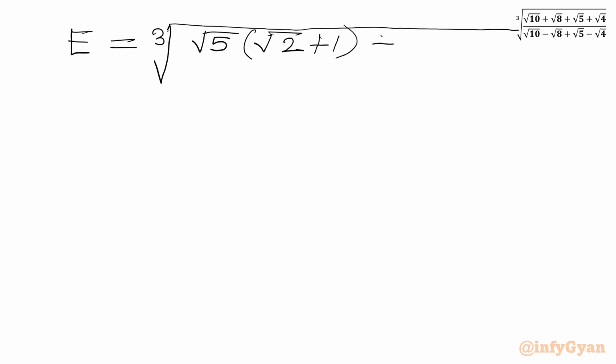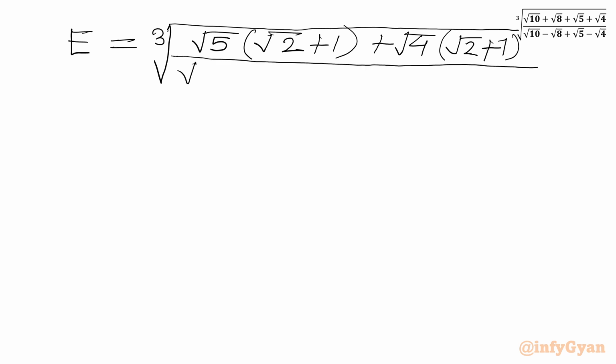Then we will take root 4 common, so in the bracket we will have the same root 2 plus 1, over, in the denominator root 5 is common, in the bracket we will get root 2 plus 1 once again. And if we take minus root 4 common from the last two terms of the denominator, we will get root 2 plus 1 common.